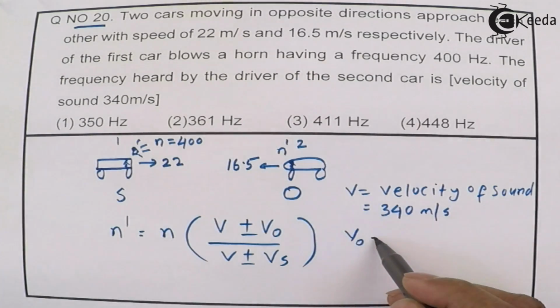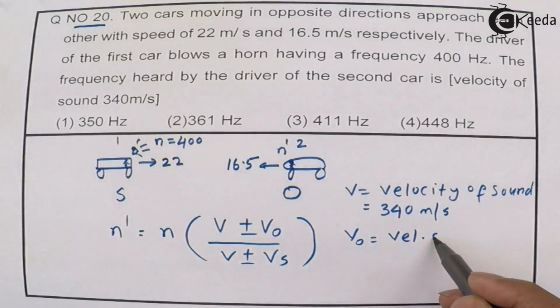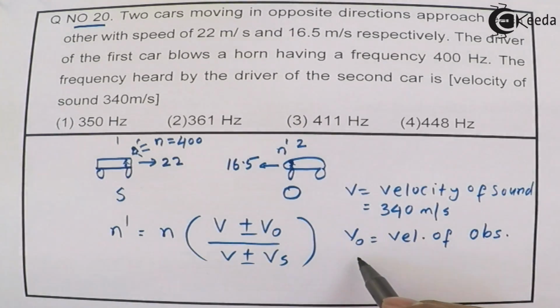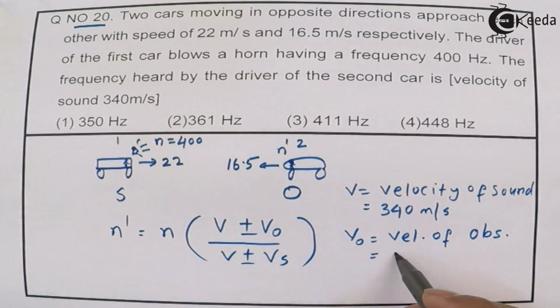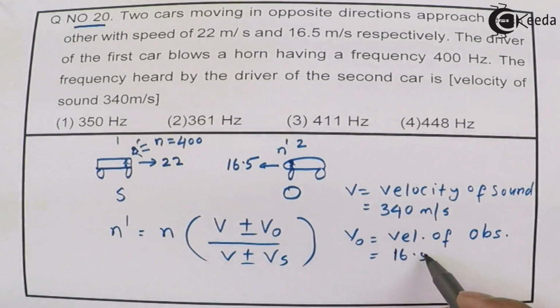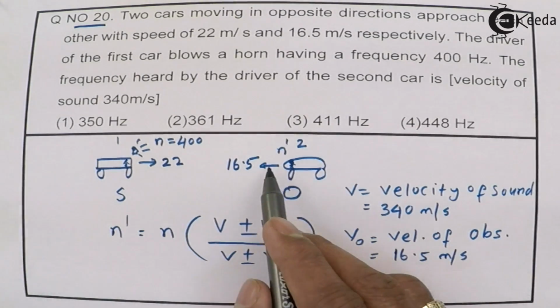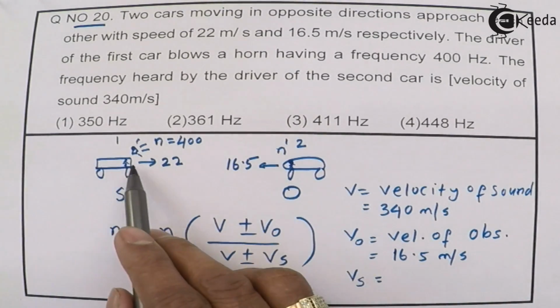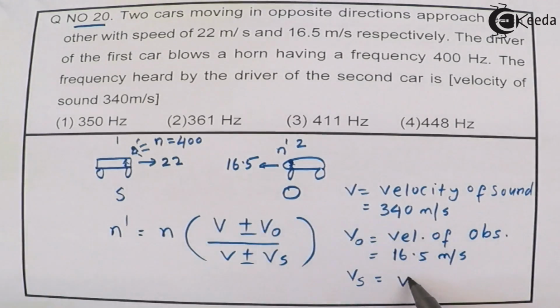V naught stands for velocity of observer, which is 16.5, the listener, and the velocity of source, this vehicle moving with 22, is 22 meter per second.